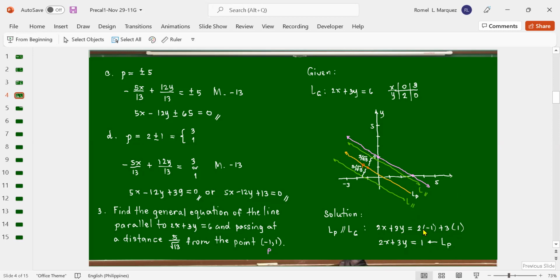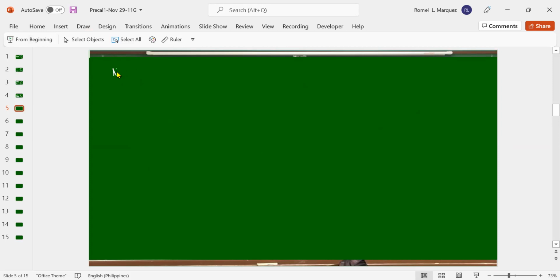So, how far is the green from line P? 5 over square root of 13. This is the normal form. Normal form of the orange, of LP. So we have 2x plus 3y over positive, right?